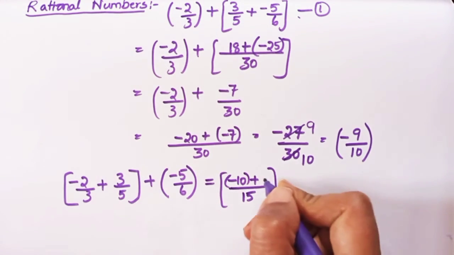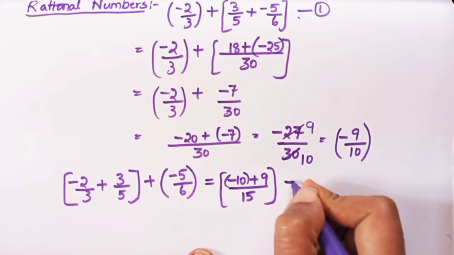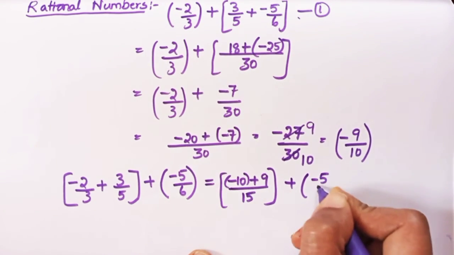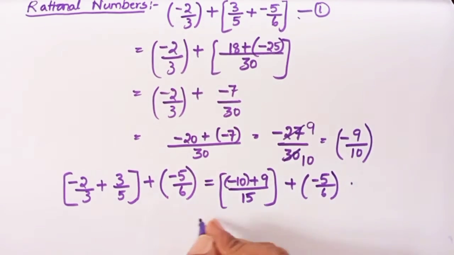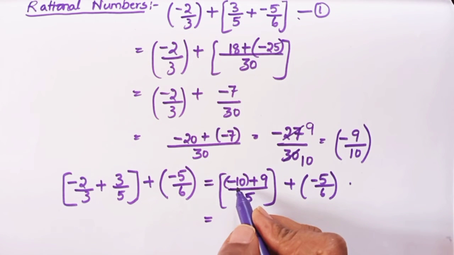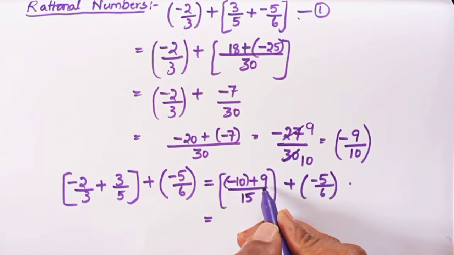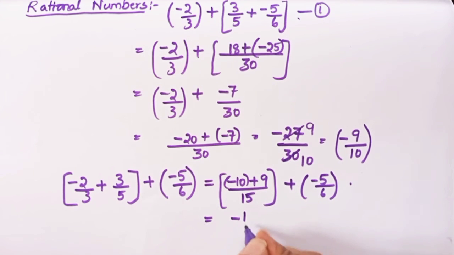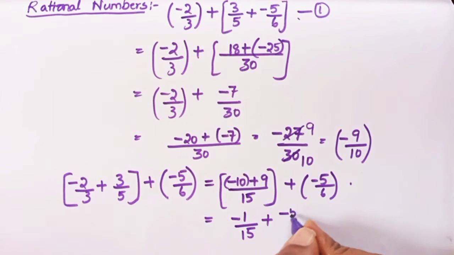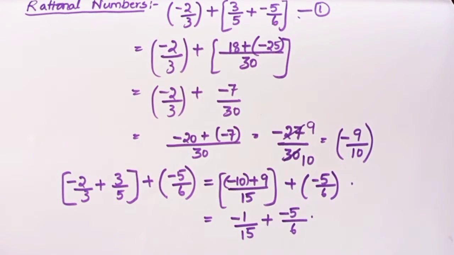So 3 into 3 is 9, plus this minus 5 by 6 will remain the same. Now my answer is minus 10 plus 9. It gives me minus 1 by 15 plus minus 5 by 6.